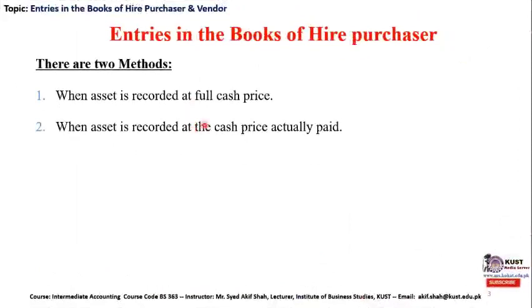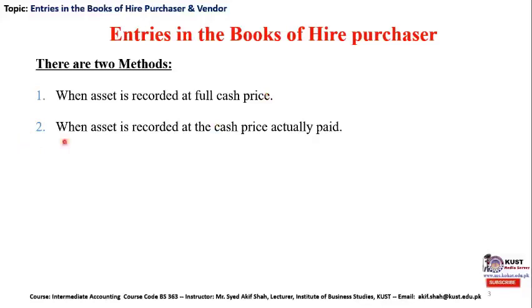Let's discuss the entries in the books of hire purchaser. Basically, there are two methods to record accounting entries in the books of hire purchaser. Number first is when the asset is recorded at its full cash price. Like the moment the contract has been taken into consideration, the hire purchaser records the full cash price of the asset in its books of account.